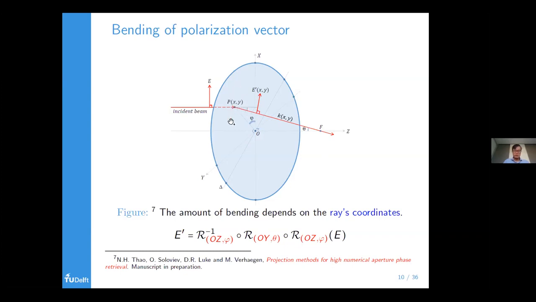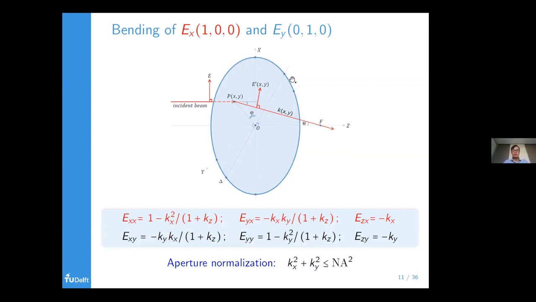in the aperture. So to calculate the bending of any polarization direction, we need to calculate it for the two vectors, e_x and e_y, where e_x is in direction x and e_y is in direction y. For convenience, the aperture is normalized to have radius equal to the numerical aperture value.